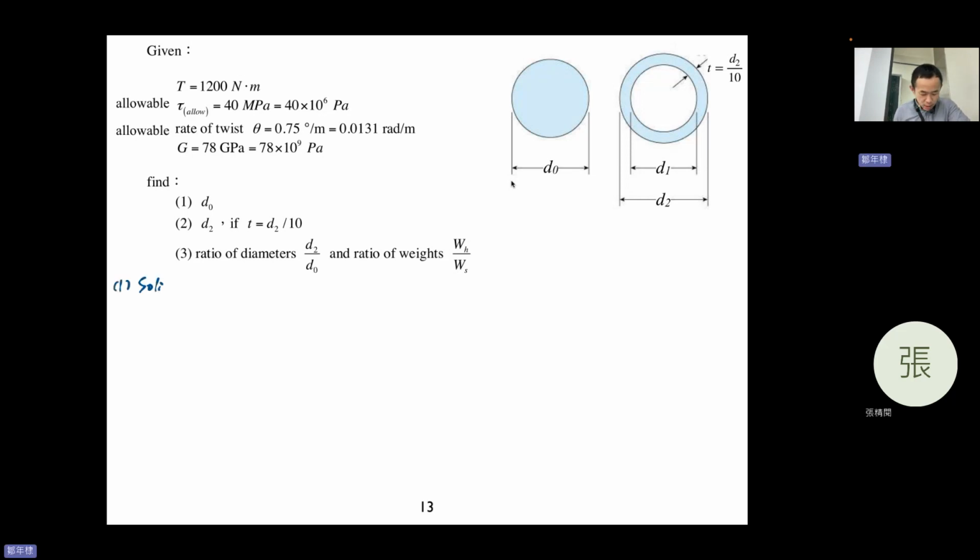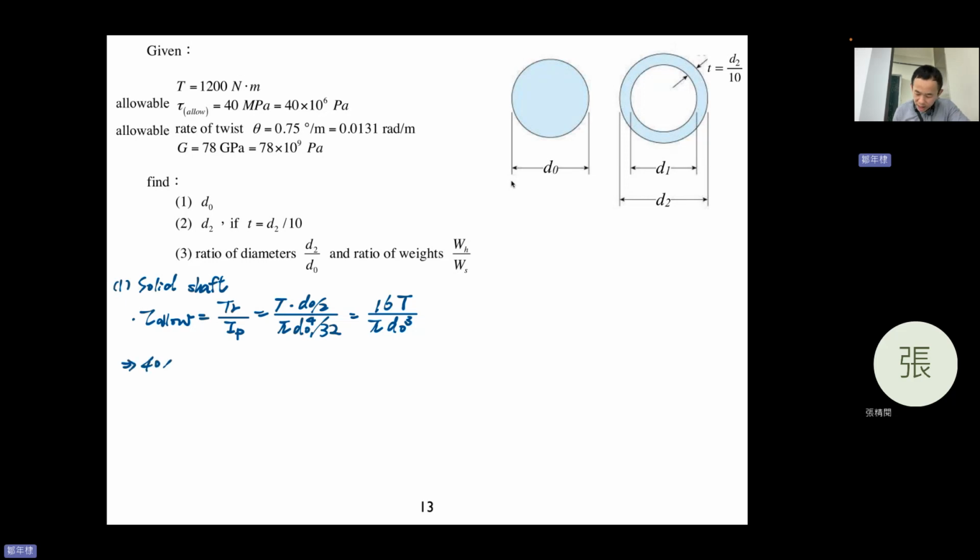So for the solid shaft, tau allow equals T R over IP, so T D0 over 2, divided by pi D0^4 over 32, which is 16T over pi D0^3.